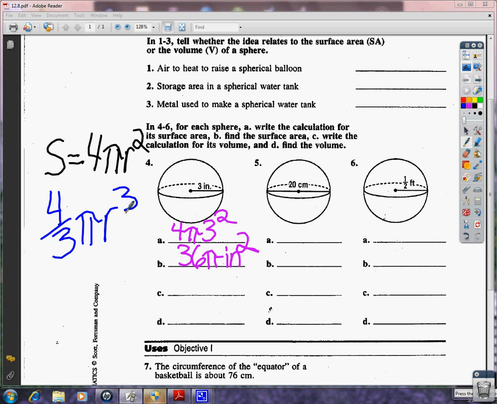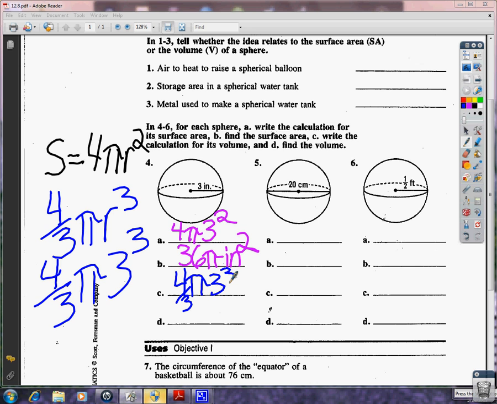You have the radius already, so you need 4/3 pi 3 cubed. 3 cubed is 3 times 3 times 3. 3 times 3 is 9, times 3 is 27.